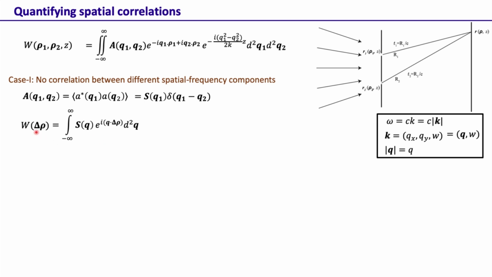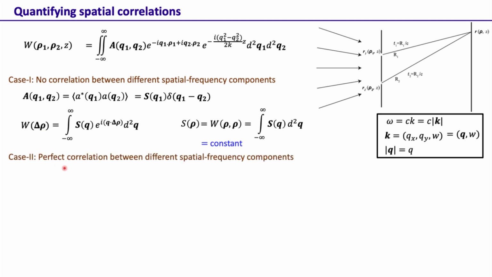The point here is that the correlation function depends only on delta rho when there is no correlation between different spatial frequency components. Now what about intensity or spectral density? This S(rho), which is simply W(rho, rho), is the integral of S(q) d²q, so this is just a constant. So for this case, the intensity or spectral density is constant, and the correlation function depends on the spatial coordinates only through their difference.